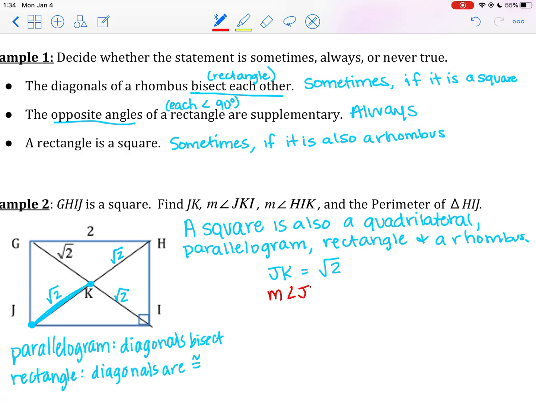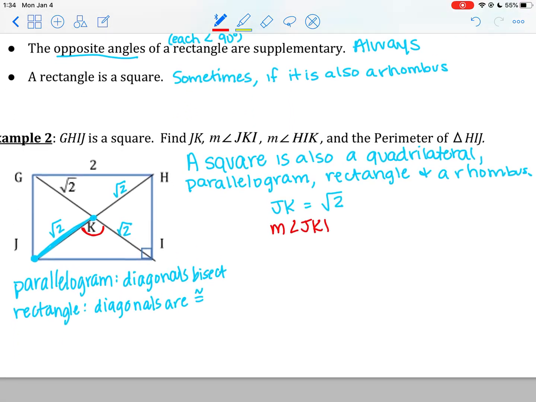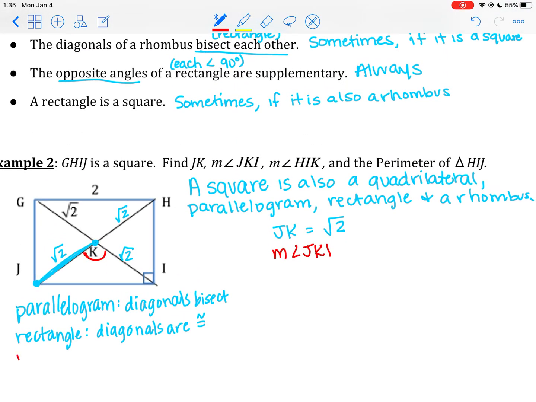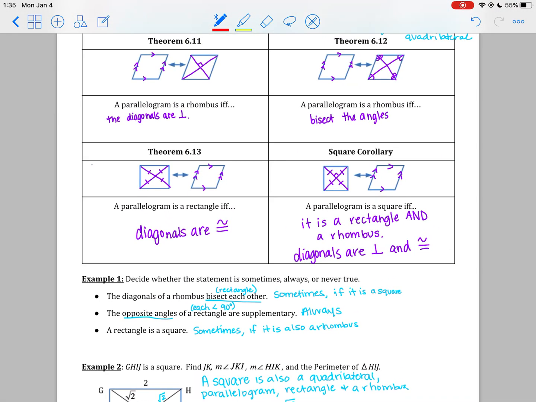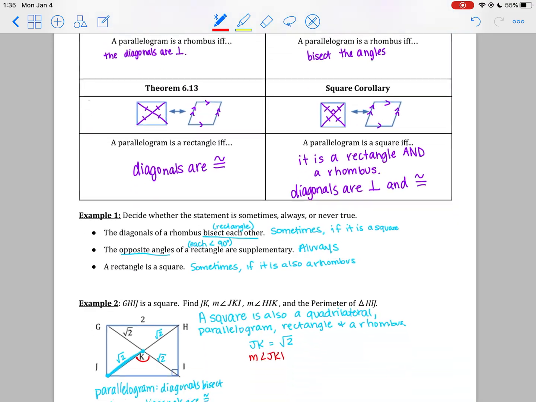The next thing we need to find is the measure of angle JKI. JKI is this angle right here, which is where two diagonals meet. And so I'm just listing things that I know. Something that is important for this one is a property of a rhombus. Our theorem today about rhombuses and their diagonals was that they are perpendicular and they bisect the angles of the parallelogram.